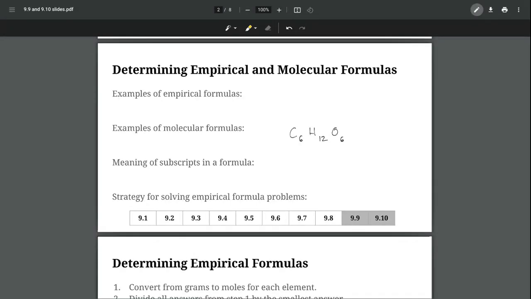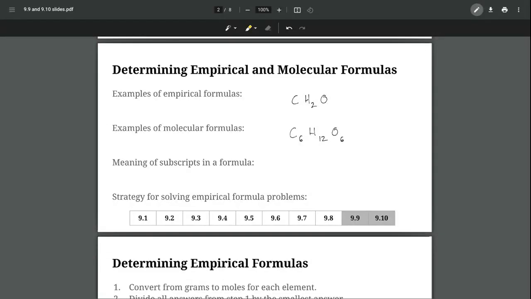But an empirical formula is essentially just a simplified molecular formula. So 6, 12, 6 all have a common divisor of 6. If you just divided them all by 6, you would get CH2O. And so CH2O is the empirical formula of C6H12O6.